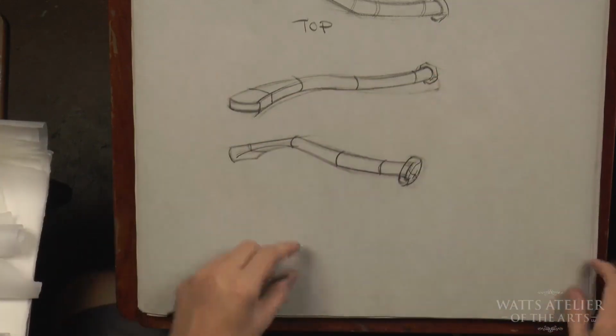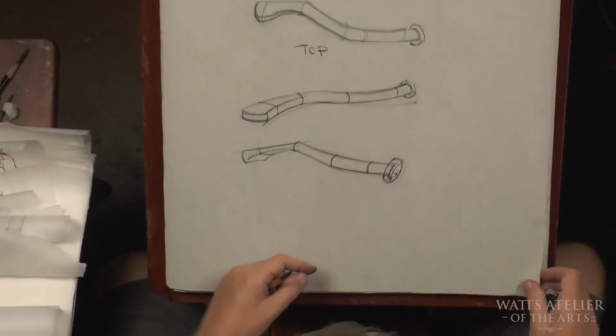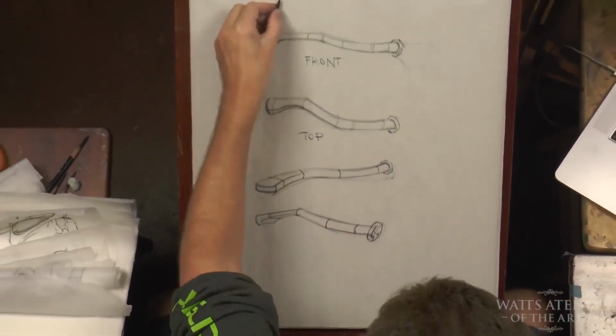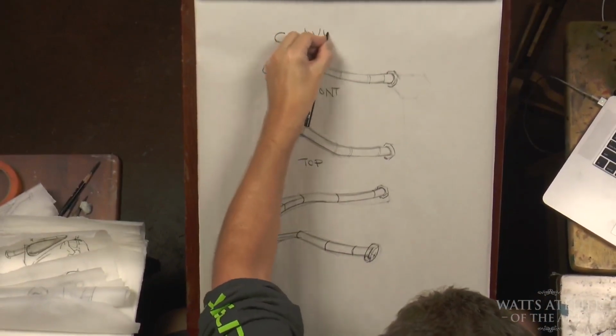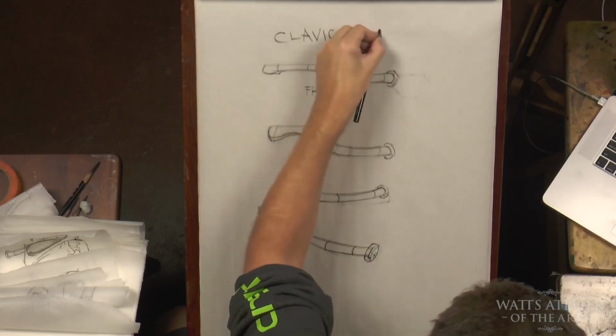So just kind of spinning it around different ways, seeing what's going on. Probably exaggerated that, it's a bit large, but I think it gets the point across. So this is our clavicle. And it is a right clavicle.